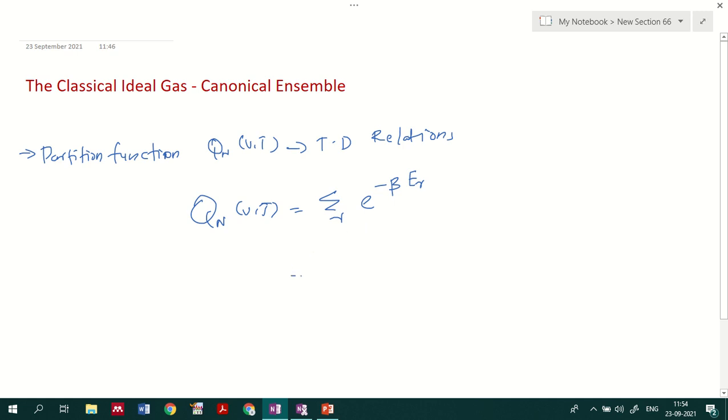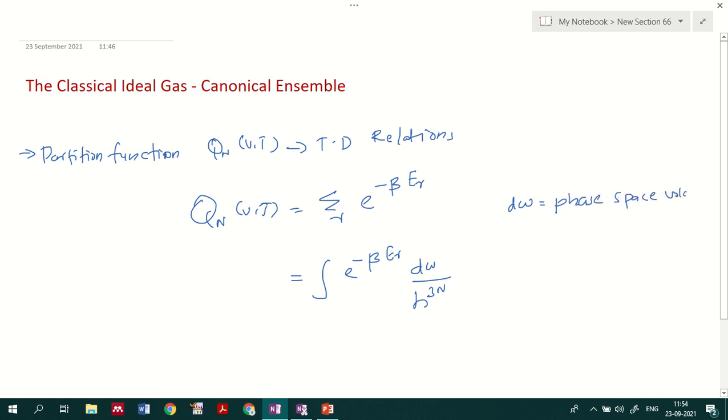Now let me replace this summation by an integral, so I'll be taking the integral of e raised to minus beta E_r d omega by h raised to 3n, where d omega is the phase space volume. We have discussed this in the earlier sections as well.